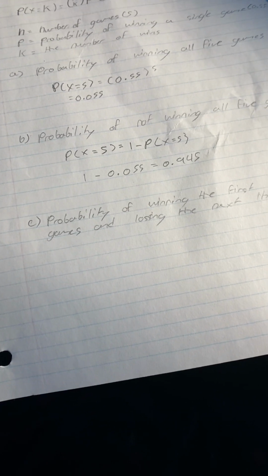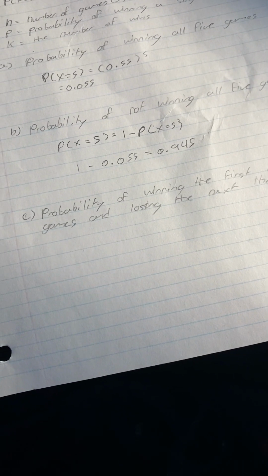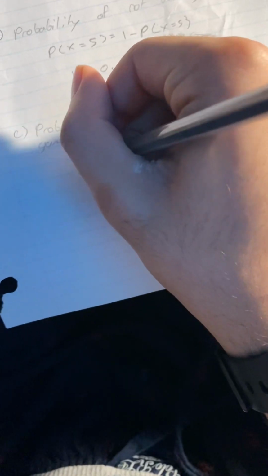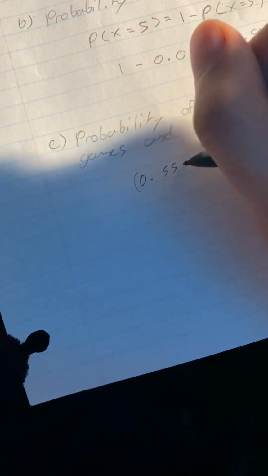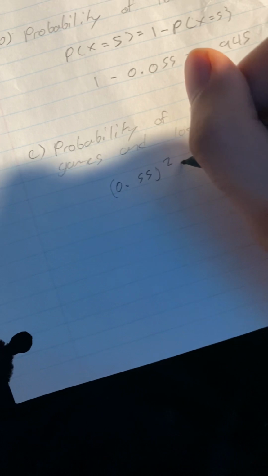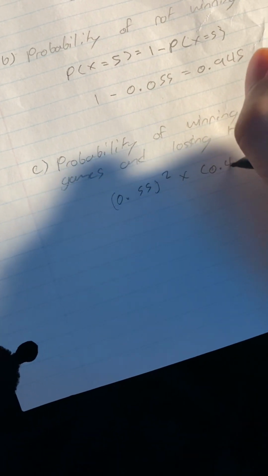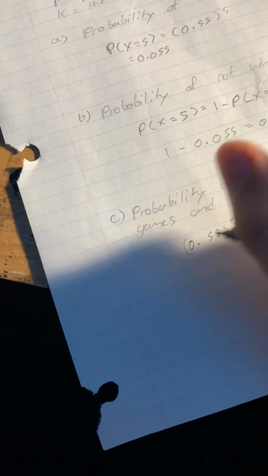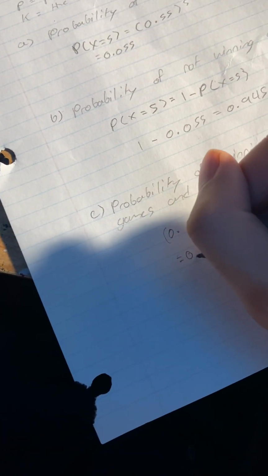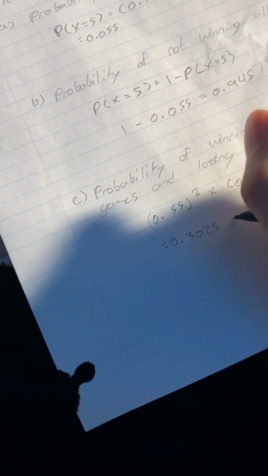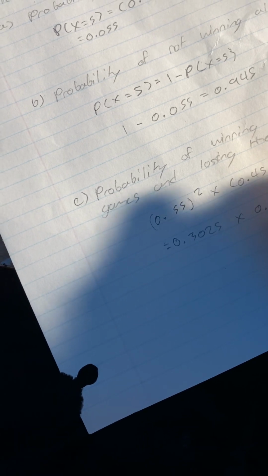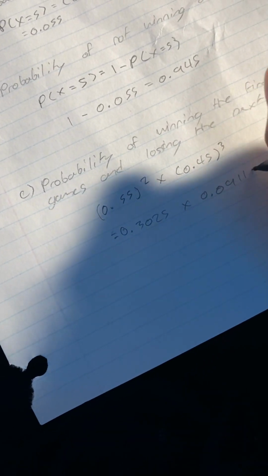Since the probability of winning is 55% and losing is subtracting that from 1, which equals 45%, we will calculate based on the first 2 games won and the next 3 lost. So we'll do 0.55 to the power 2 times 0.45 to the power of 3, which is 0.3025 times 0.091125.